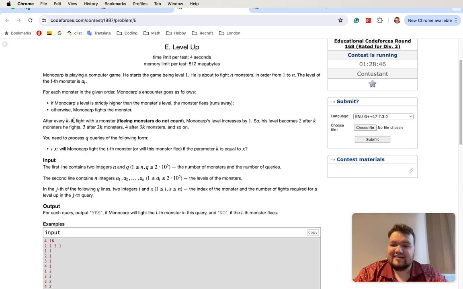After every fight with a monster, fleeing monsters don't count, Monocarp's level increases by 1. So his level becomes 2 after k monsters he fights, 3 after 2k, and so on. And to process q queries: will Monocarp fight the i-th monster if the parameter k is equal to x? Okay.